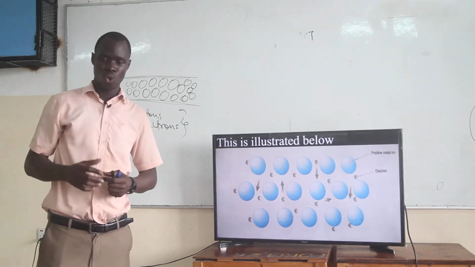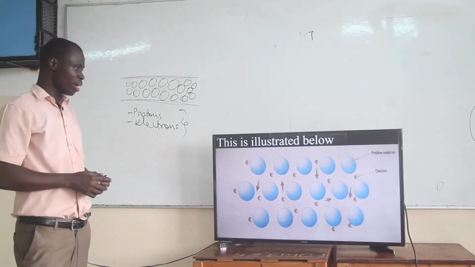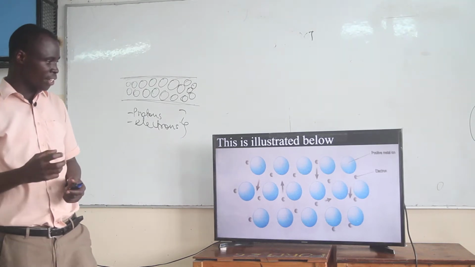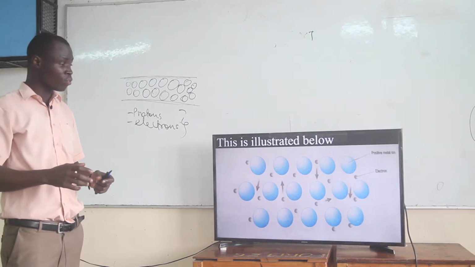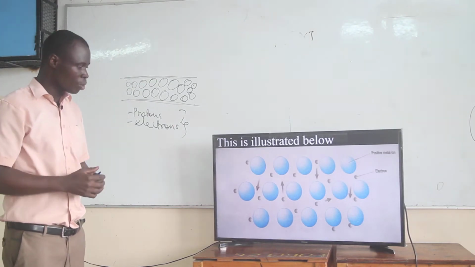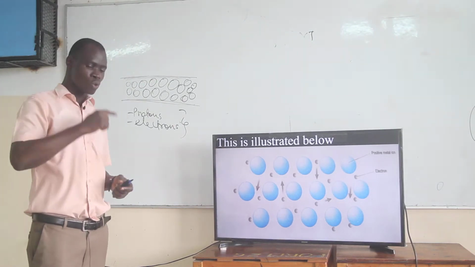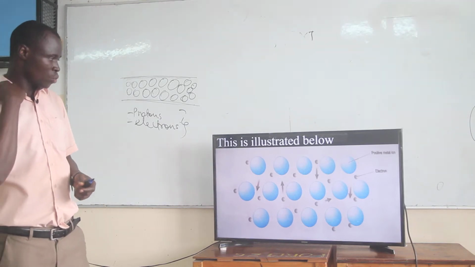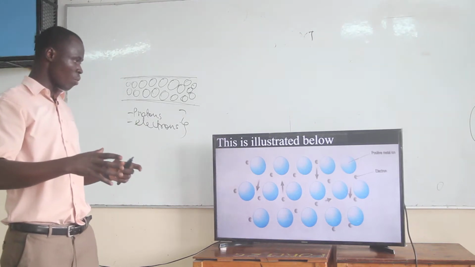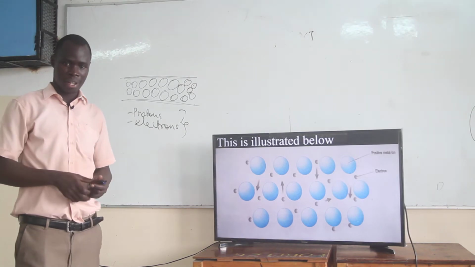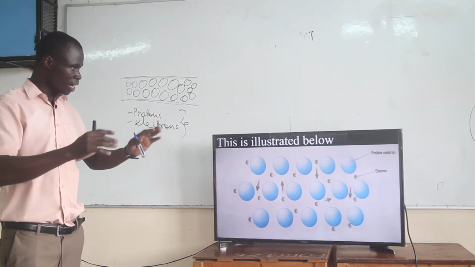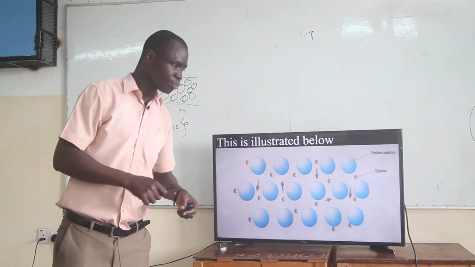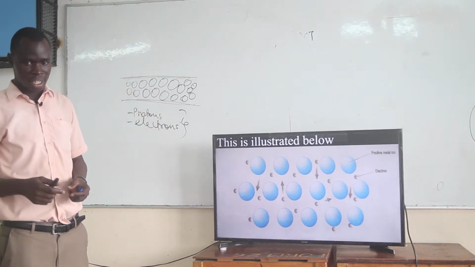And metals tend to have very high boiling and melting points because of this strong metallic bond. This pattern keeps on repeating itself, the atoms, the protons and electrons attracting, constituting a metallic bond.